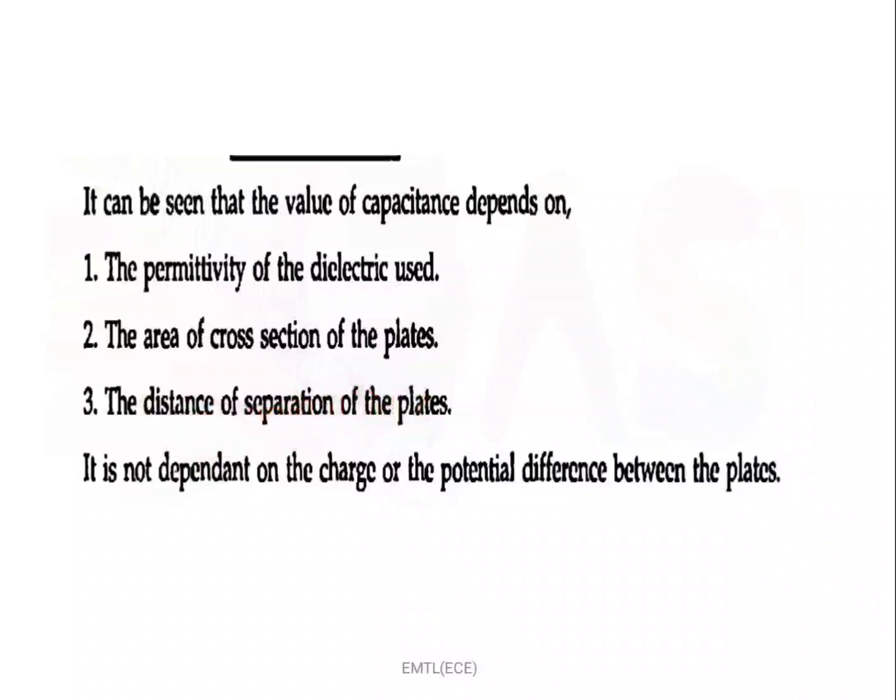But it does not depend on the charge or the potential difference between the plates. So this is the expression for the capacitance of a parallel plate capacitor.